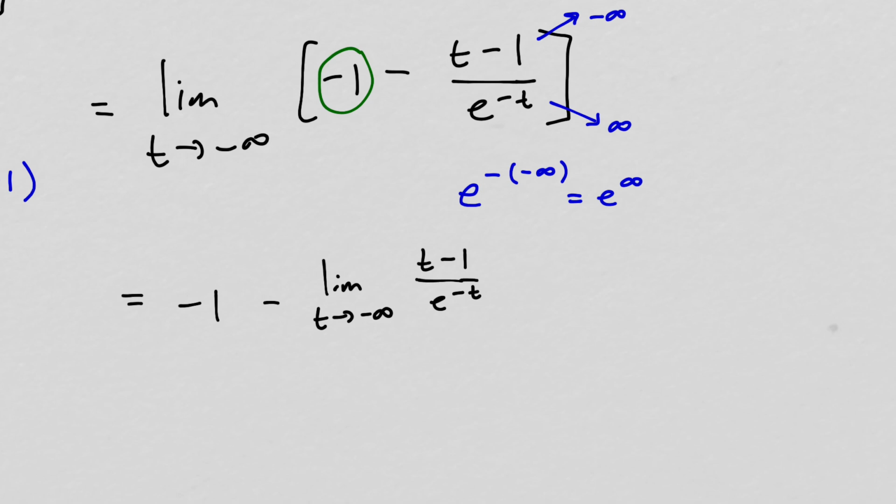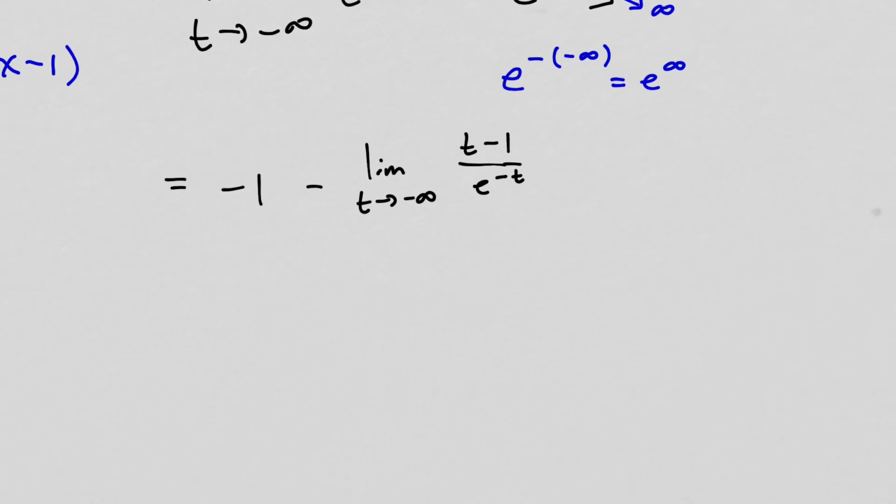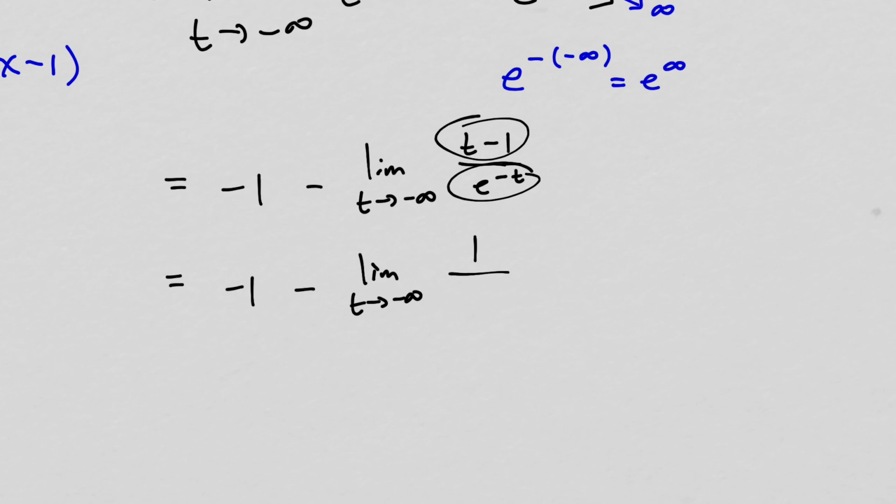Now again, we just mentioned this goes to basically negative infinity over infinity. So if I apply L'Hopital's rule, we're going to have the limit as t goes to negative infinity. The derivative of t minus 1 is 1, and the derivative of e to the negative t is negative e to the negative t.